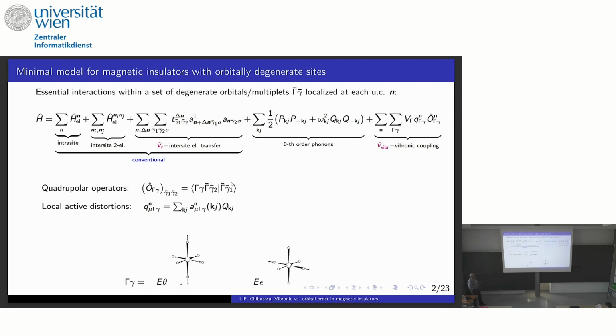But then, because we have orbitally degenerate sites, we need to take into account also vibronic interaction, the Jahn-Teller effect, which always takes place. And this Jahn-Teller effect is described in terms of the local distortions, which can mix the localized states on each site. So these are examples of local distortions. These are our metal sites.